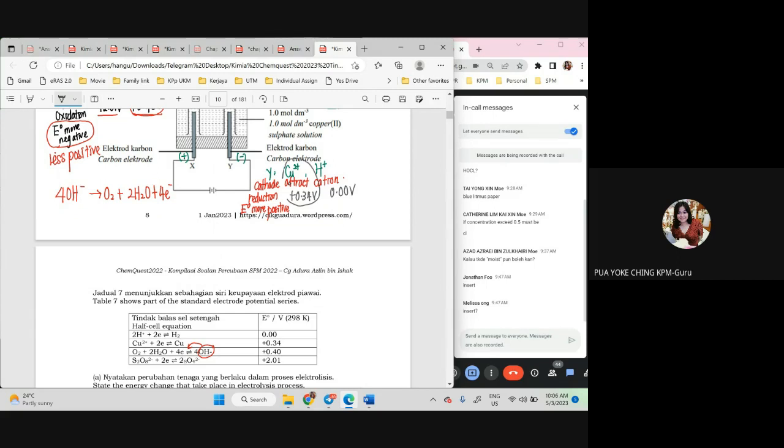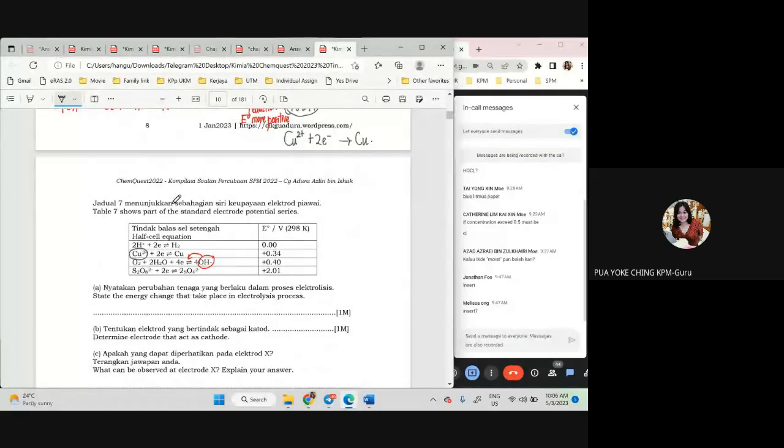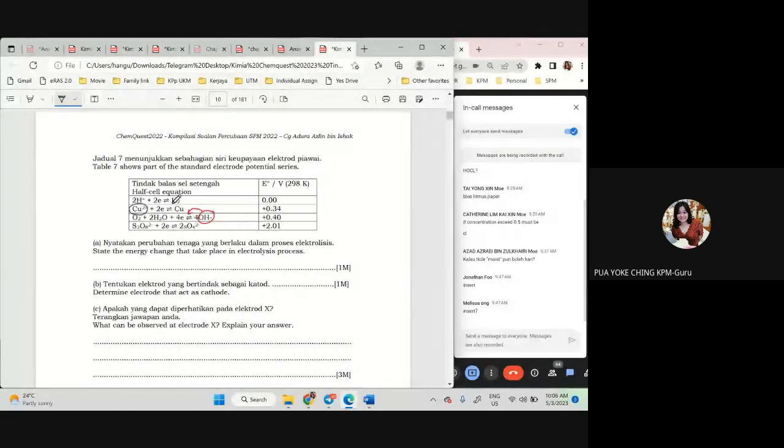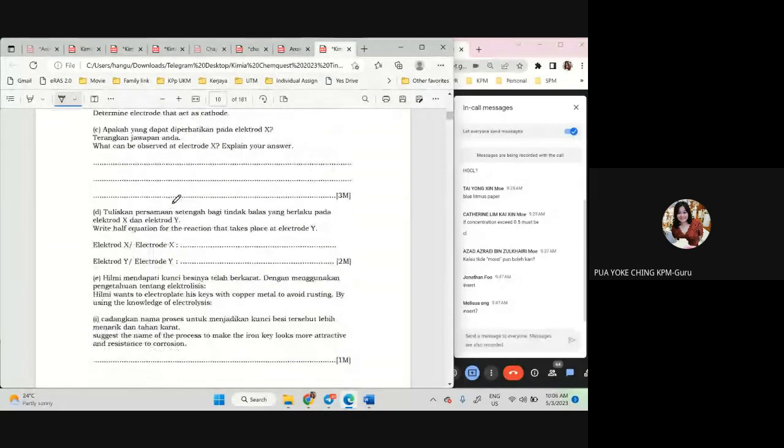So, akan pilih Cu2 plus sebab E0 dia lebih positif. So, Cu2 plus di mana? Cu2 plus di sini. So, salin je lah macam biasa. Cu2 plus plus 2e minus produce Cu. Okay? So, this is how you check apa yang berlaku. Okay? Saya rasa jawapan dia tak ada masalah.